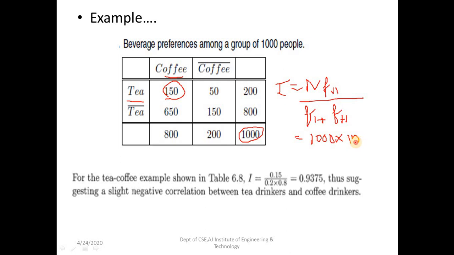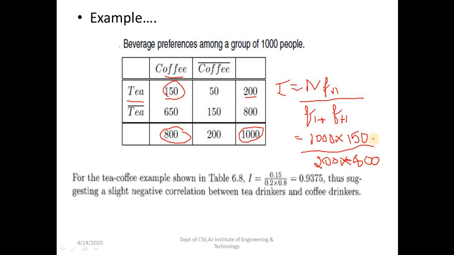So, 1000 into 150, divided by the total support count of tea, which is 200, into the total support count of coffee, which is 800.